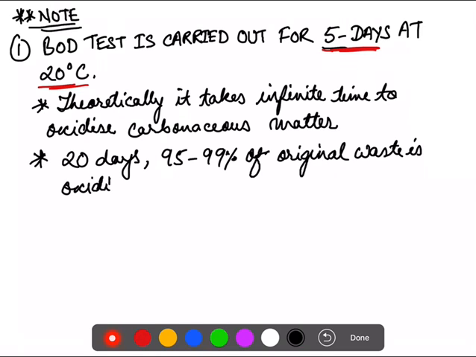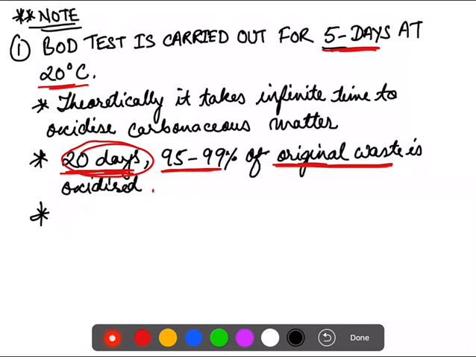So a test to be conducted for 20 days is also very high. Though 95 to 99% of your original waste is oxidized completely, yet 20 days is a very long time. We cannot wait 20 days for a test to be completed.